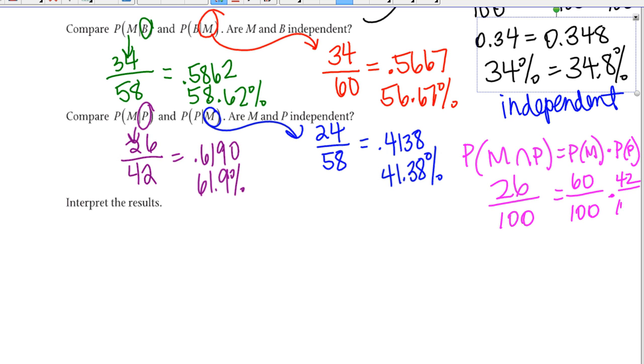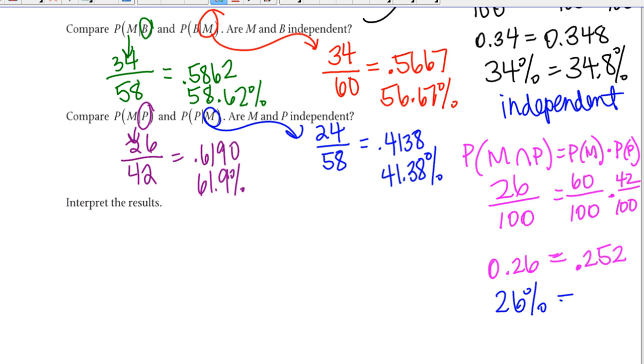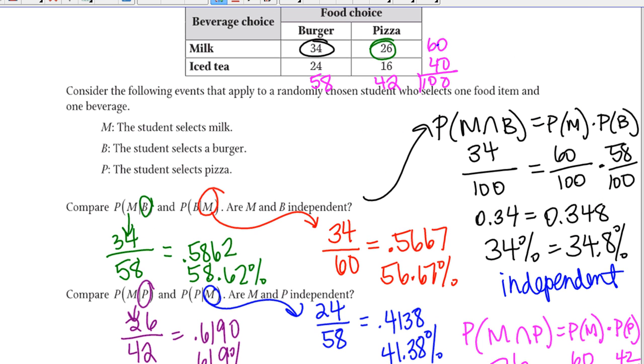So we want to calculate those. We know this is going to be 0.26. When we multiply the other two together, we get 0.252. So we're looking at 26% and 25.2%. So again, I would say that these are also independent. Okay, so ordering milk doesn't necessarily mean you're going to order pizza and vice versa. So if you look, the numbers are pretty darn close here, which makes sense.